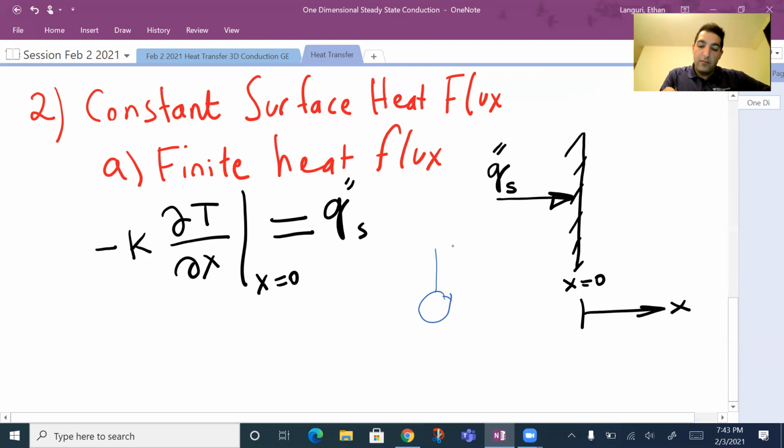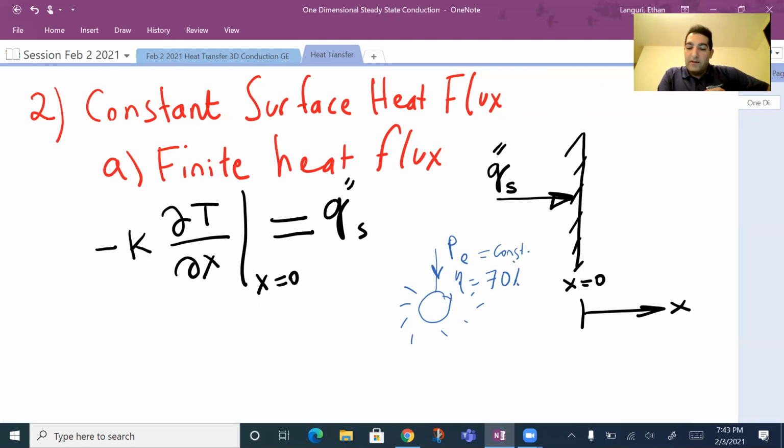In that regard, if my electrical power to the lamp is constant, and let's assume efficiency of this lamp is, I don't know, 70%. Which means that 30% of that electrical energy is wasted, perhaps in the form of heat. So 30% of this maximum electrical power, P sub E, is converted to heat, which if the power coming to the lamp remains constant, that means that the heat getting out is constant. So that's a good example of constant heat flux, right?